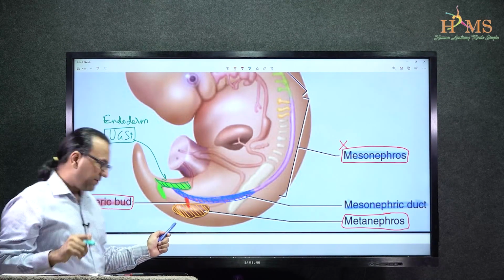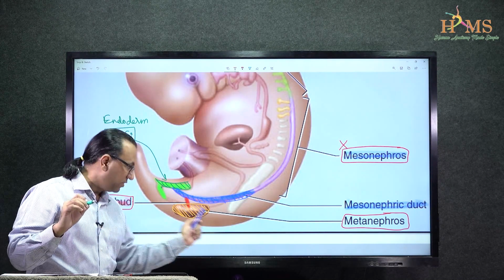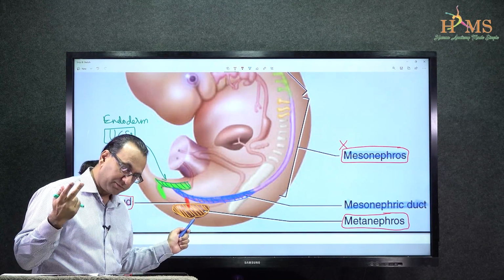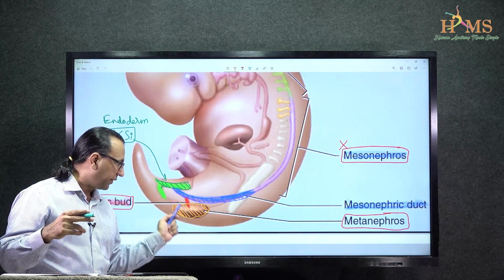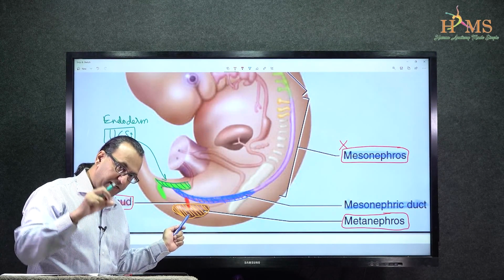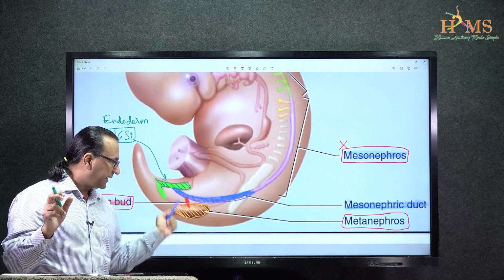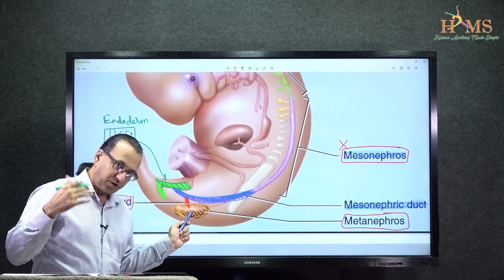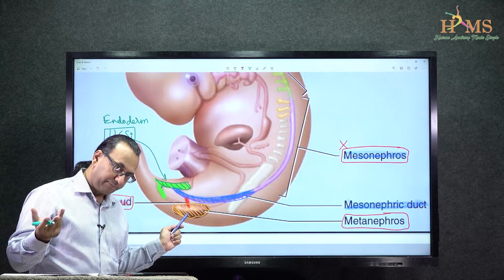Now remember, if the ureteric bud is unable to penetrate the metanephros, there will be no kidney, renal agenesis. Or it may happen that there is a problem with the penetration of the ureteric bud into the metanephros, and that can result in polycystic kidneys. Also, a failure of the communication of the ureteric bud derivatives with the metanephros kidney components. Polycystic kidneys can also happen here.